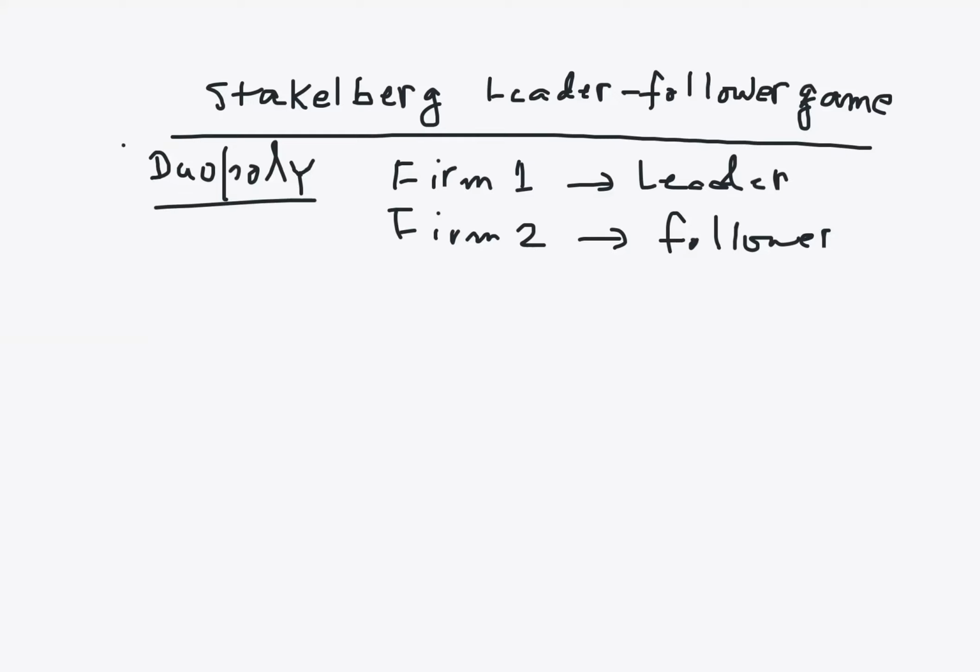We're going to keep the same assumptions that we had under Cournot quantity competition. Let's keep the assumption that firms have the same marginal cost of production. So marginal cost of firm i is equal to c. It's a constant marginal cost per unit of output, and i equals 1 and 2. So cost is not different.